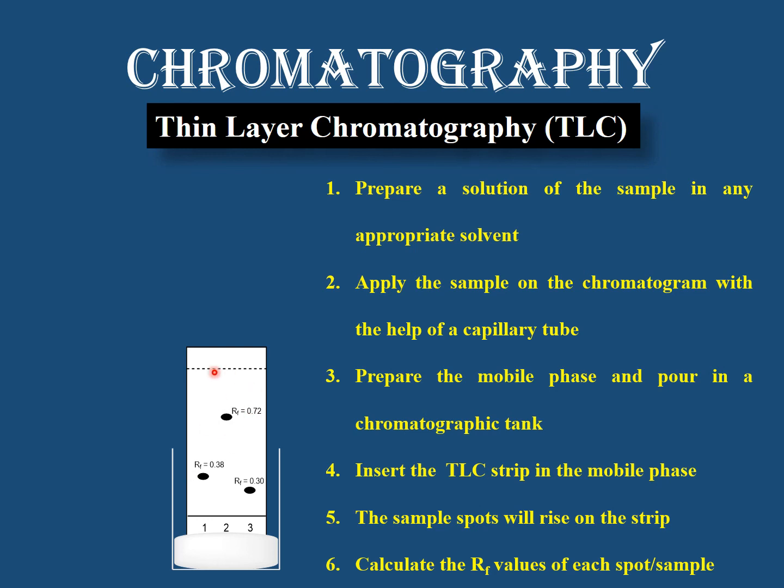But if it is a reverse phase TLC profile, then this one with the highest RF value would be the most polar of all of these, and this one here with RF value 0.3 would be the least polar of all.